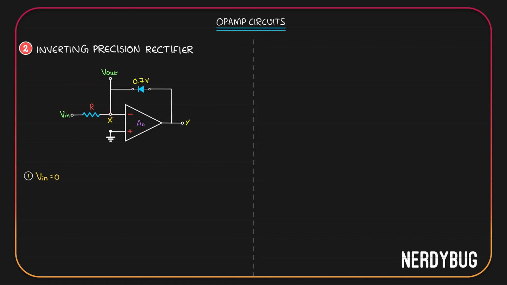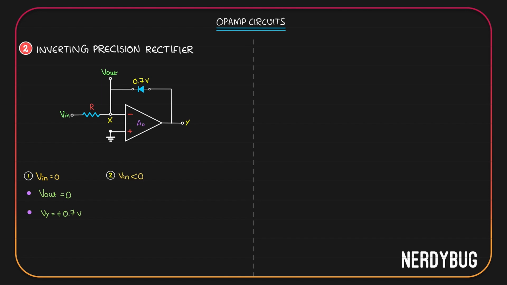Or we can say Vy is 0.7, all of it will be dropped across the diode and Vx will be 0. Output is the same as Vx. So here output will be 0, Vy is 0.7 volt.